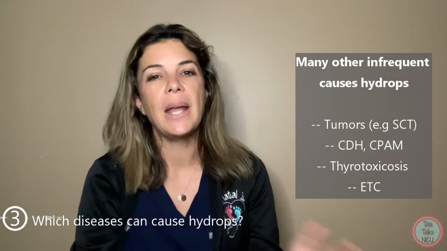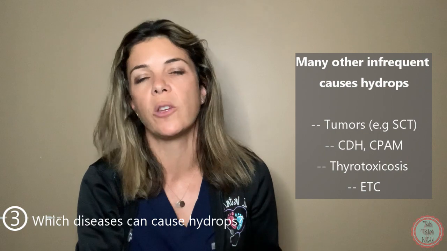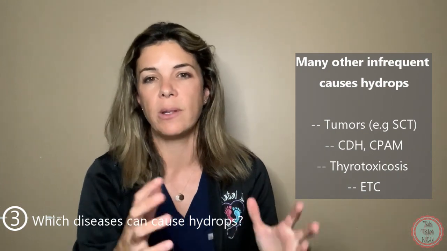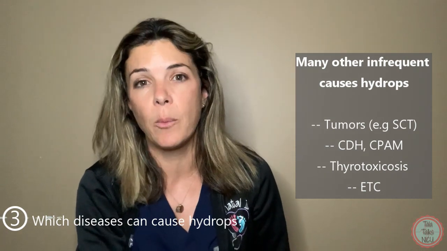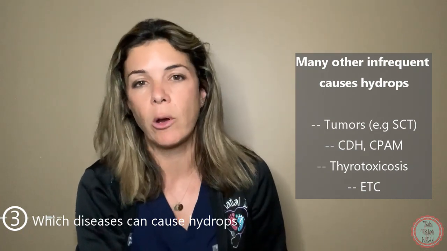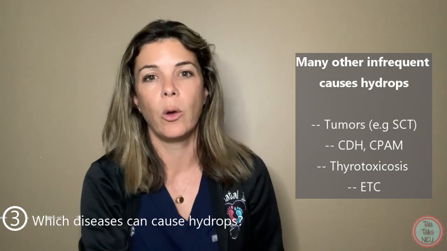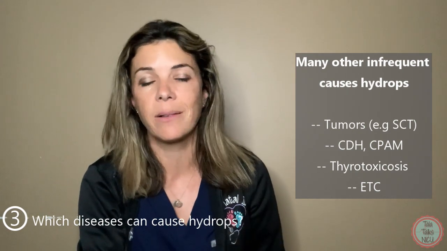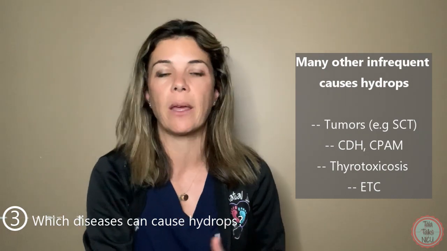There are many, many other diagnoses as well that can end up with hydrops. They're all just pretty rare, and so they're not necessarily categorized within a system. But many tumors can end up with hydrops as well, so a sacrococcygeal teratoma or a neuroblastoma. Also, different abnormalities in the lungs like a CDH or a CPAM can end up with hydrops, even a thyrotoxicosis.